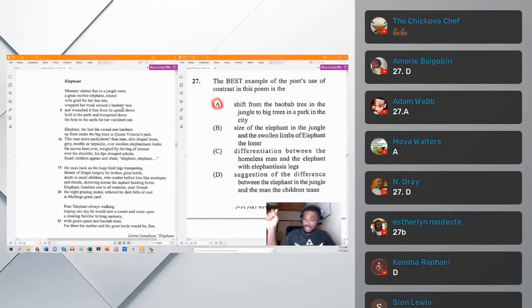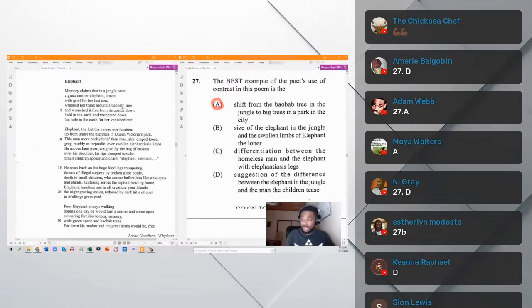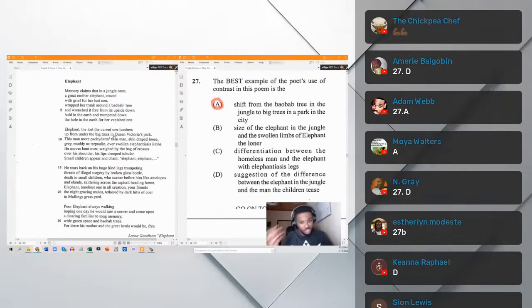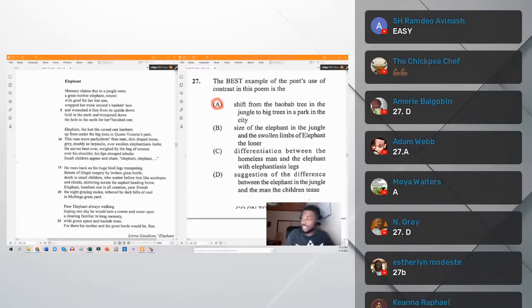And we saw in the footnotes that this is a tree with a very big bark. But then we move to some different kinds of big trees that are in the park. And the real contrast comes in, not due to the trees, but because of the change in setting.